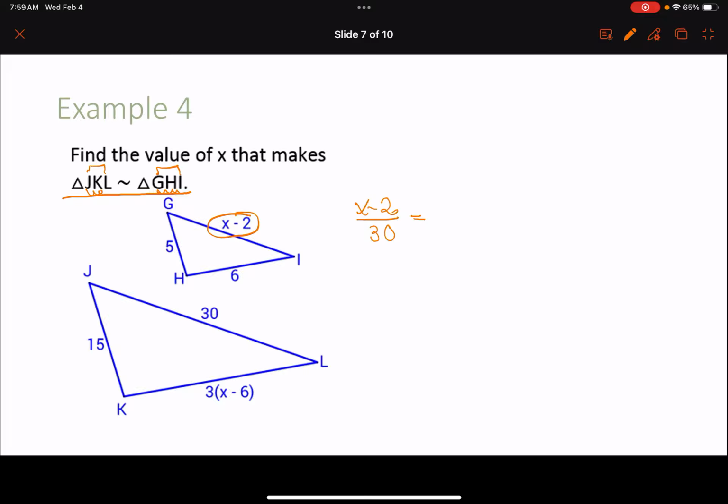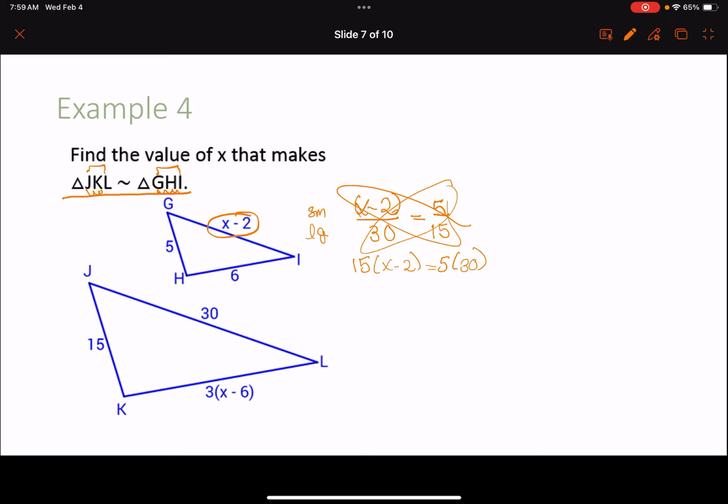So small triangle to small triangle, small triangle to large triangle: x minus 2 to 30 as 5 is to 15. And now if we are cross multiplying, we make sure that we take the 15 times both the x and the negative 2, and the 5 times the 30.